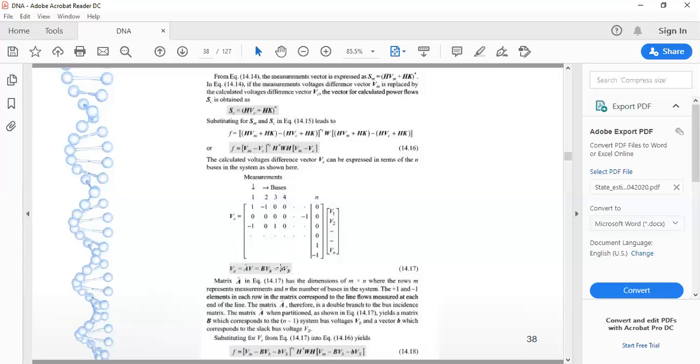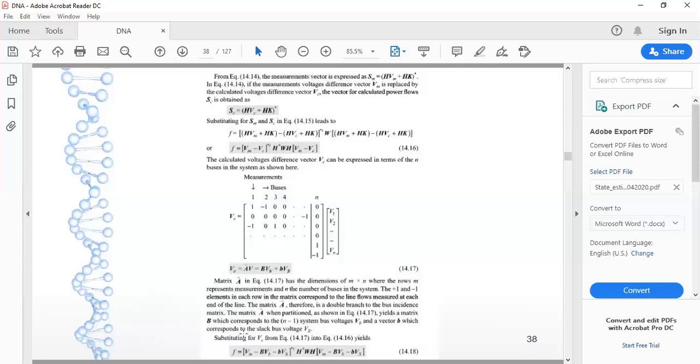Small b is the column of the bus which is treated as the slack bus, and capital B is the rest of the incidence matrix except small b. Vb is the bus voltage, and Vs is the magnitude of the slack bus. So in this way we can separate A into two components, capital B and small b.